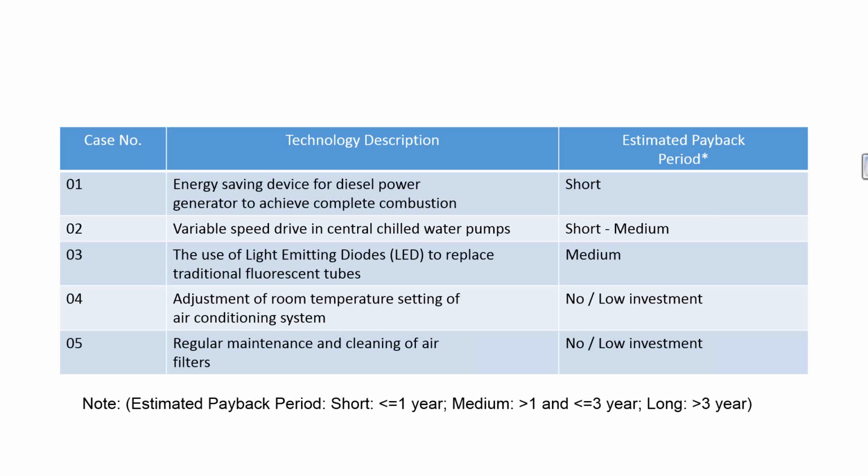The solution for this case, the energy saving device for diesel power generation, helps enhance fuel quality through breaking down large incombustible particles so as to achieve full combustion of diesel fuel.